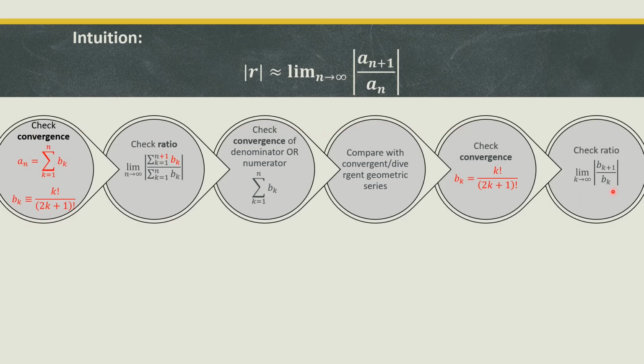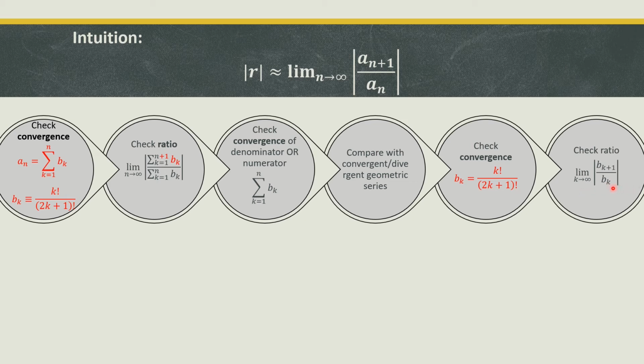What we're going to try to do is find this limit here, this ratio. And if you recall, this is just the regular ratio test. If this ratio is less than 1, then this sequence b sub k is convergent. If the ratio is greater than 1, then this sequence b sub k is divergent. If it is equal to 1, then we really can't say anything using this test.